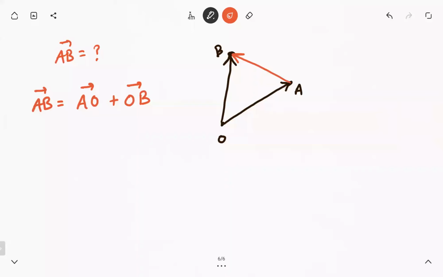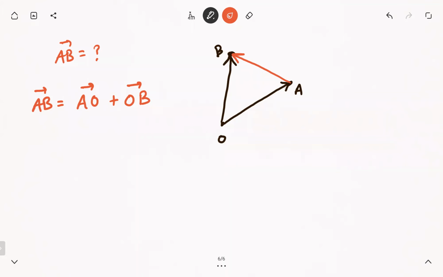Are these position vectors AO and OB? OB is a position vector because it is starting from origin.